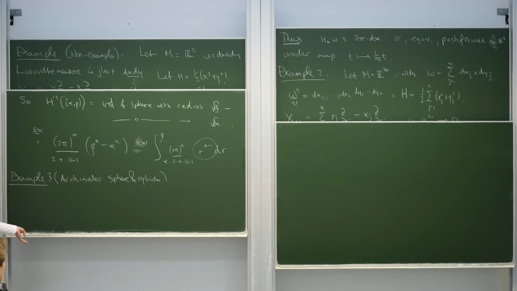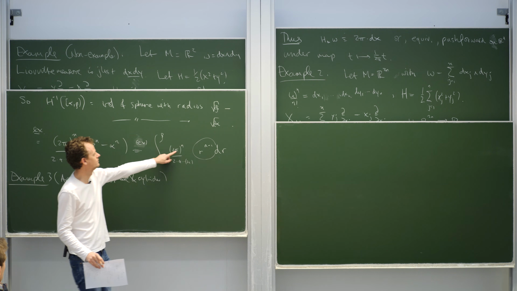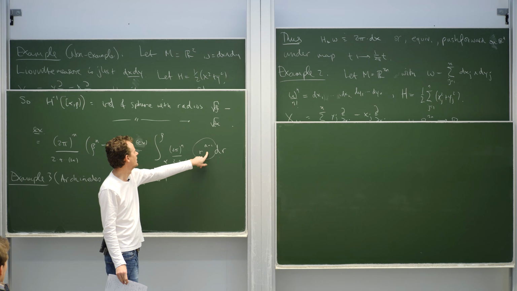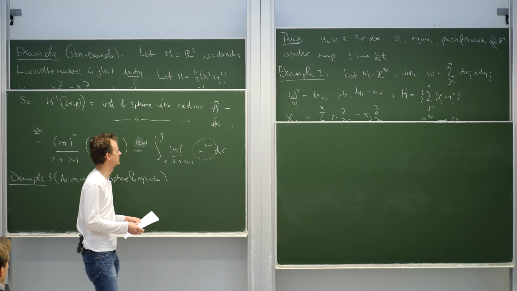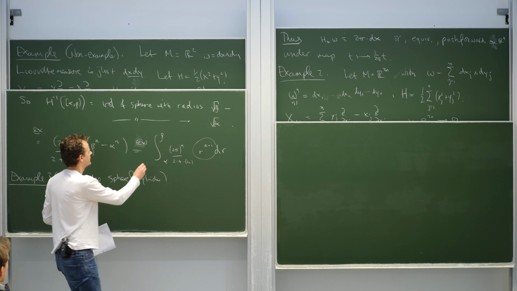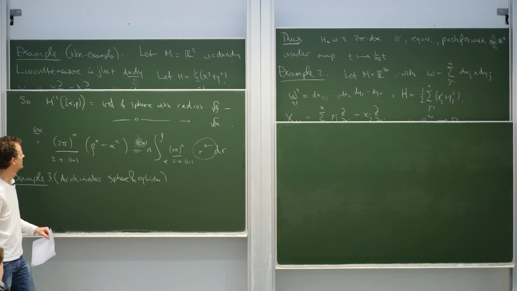Sorry, maybe I'm wrong. Don't you miss the prefactor in the integral, if I integrate over n? Oh, so the question is, don't I miss a prefactor here from the integration? Yeah, that's a good point. So the factor should be n, right?